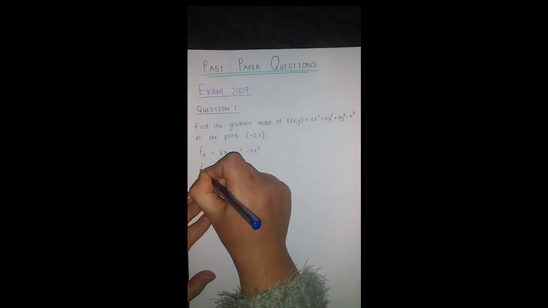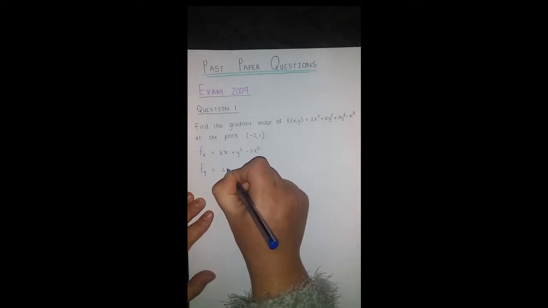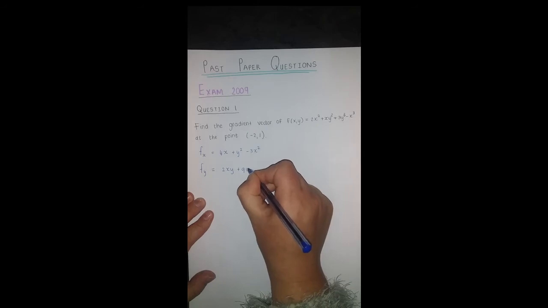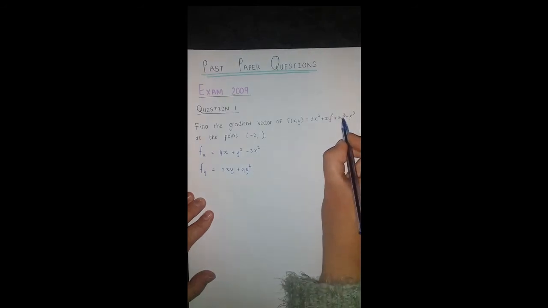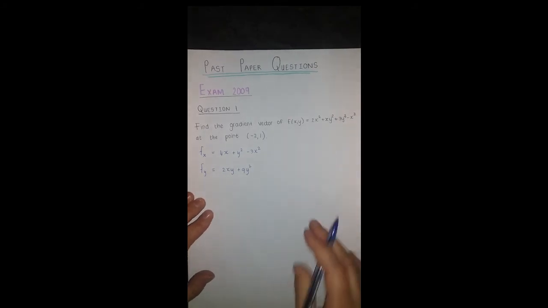And then towards y, we have 2xy plus 9y squared. Note that this is a 3 if it's not clear. So now we have our partial derivatives.